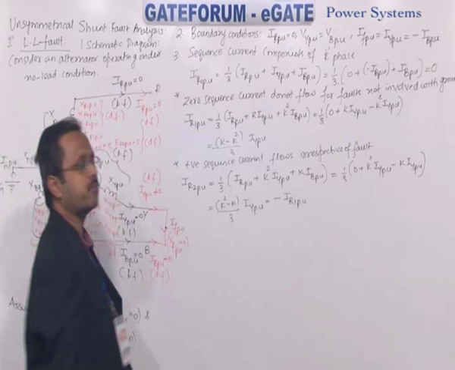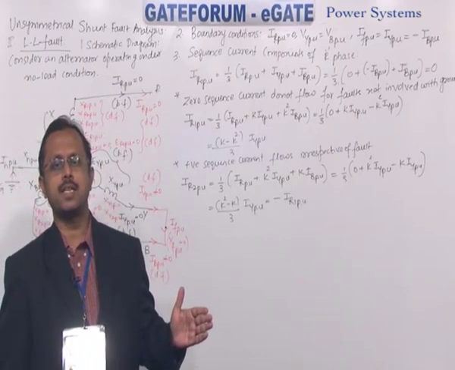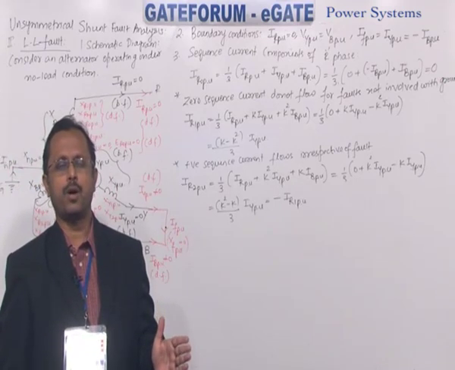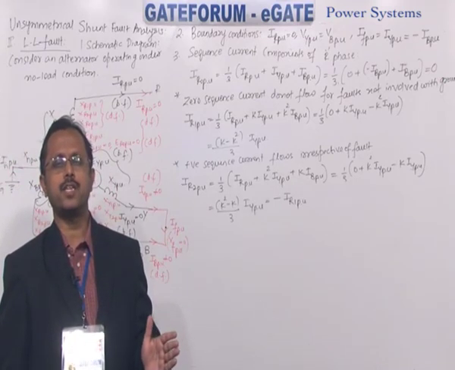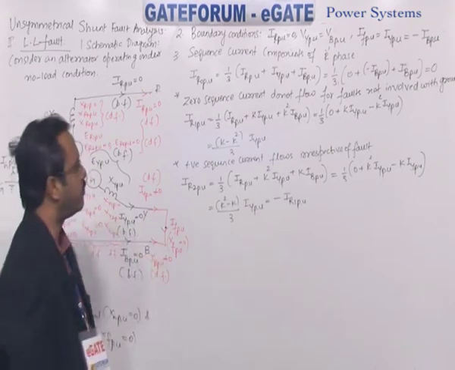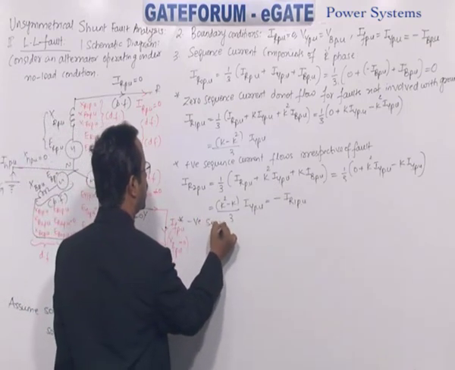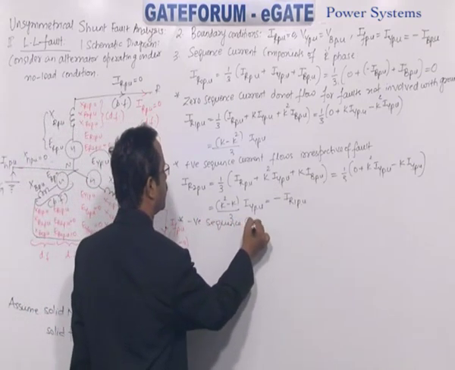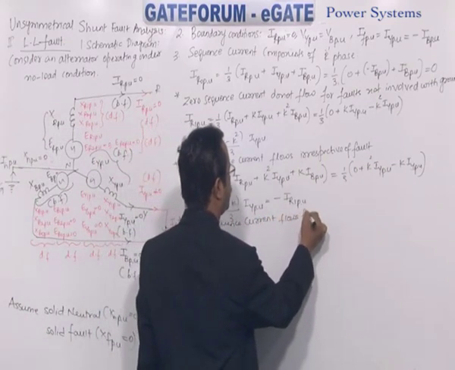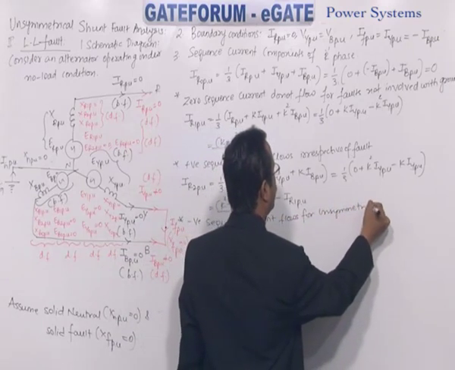Why the negative sequence current flows? Because line to line fault is an unsymmetrical fault. So we know this point, negative sequence current flows for unsymmetrical fault. So we mentioned that the negative sequence current flows for unsymmetrical faults.